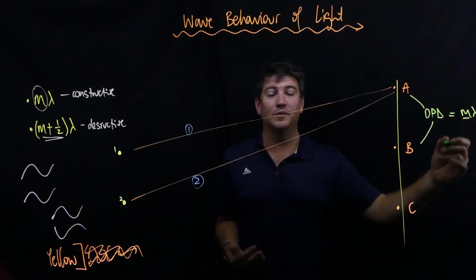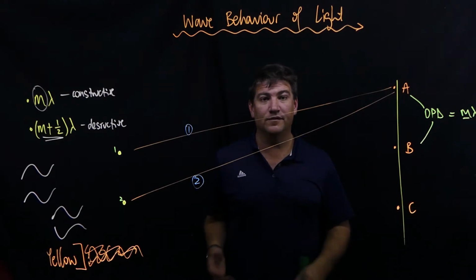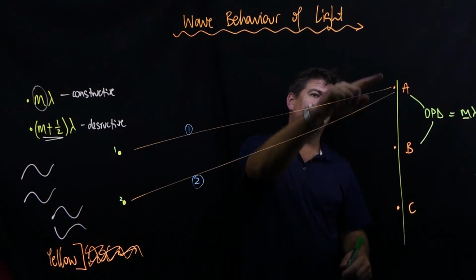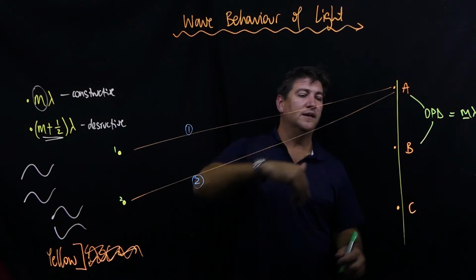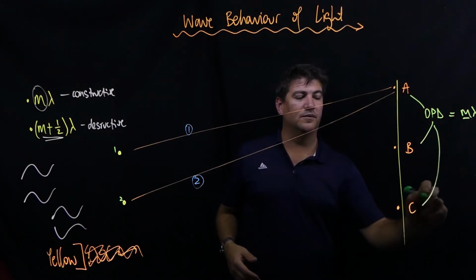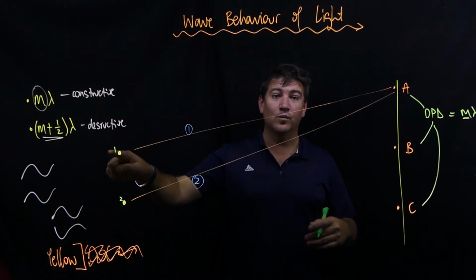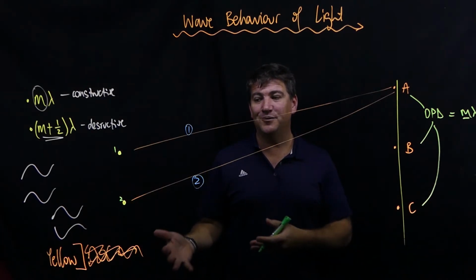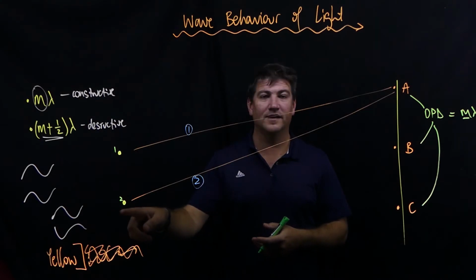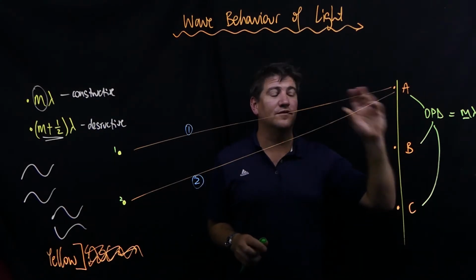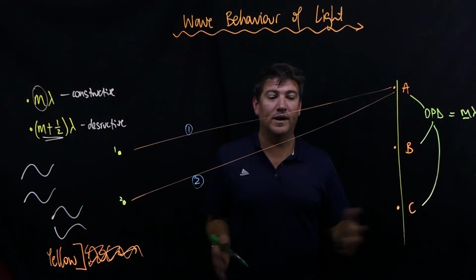It's just that the integer would be 0 in this case, so there'd be no difference whatsoever. C is meant to be the same distance from B as A, so same kind of deal. It's just the light coming from 1 has had to travel a further wavelength than the light coming from 2 in this case. So we still have this optical path difference of a whole number of wavelengths.